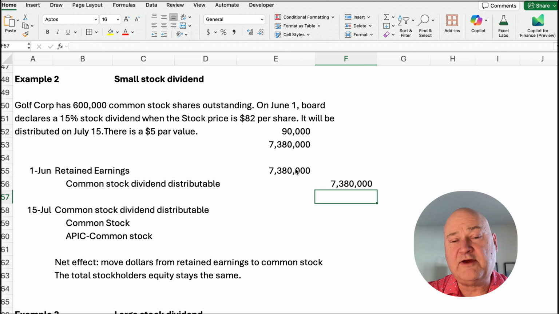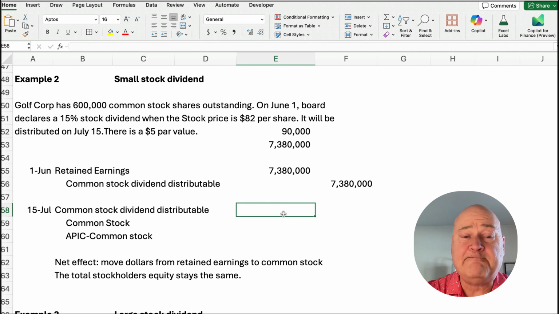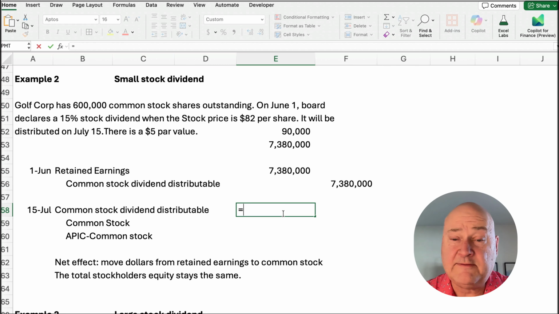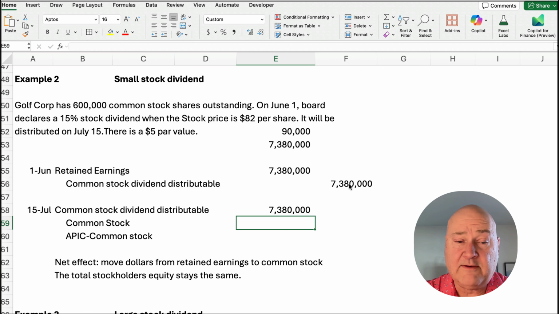You might be asking yourself, what kind of account is Common Stock Dividend Distributable? Well, it is a contra equity. It's going to reduce equity. So we're going to set up Common Stock Dividend Distributable, get rid of it here, but we're going to issue common stock.